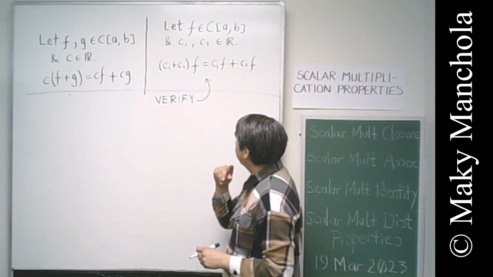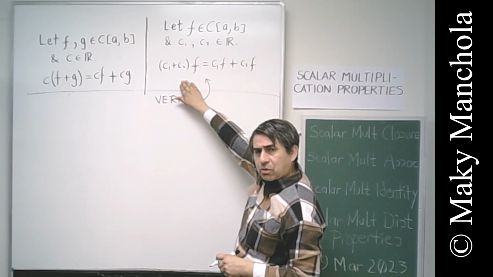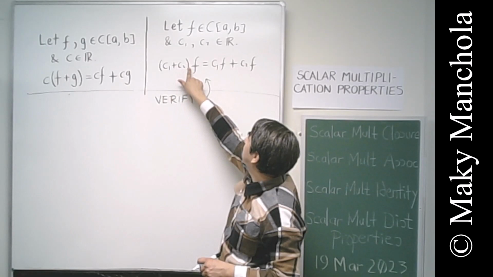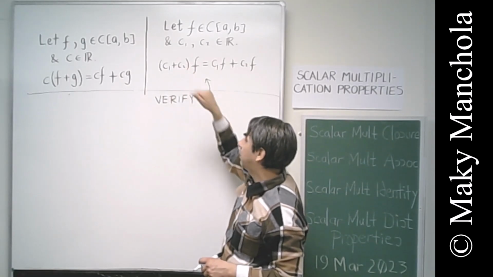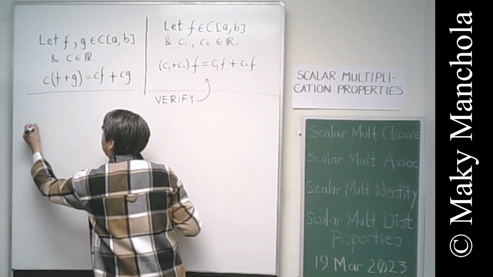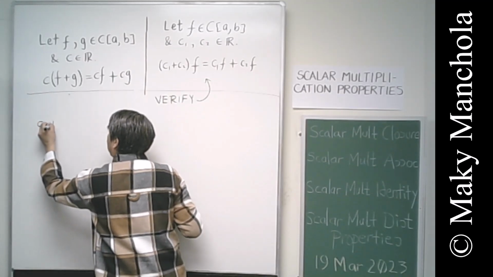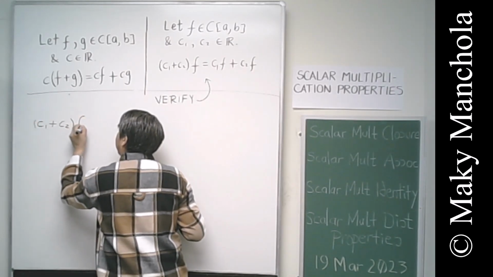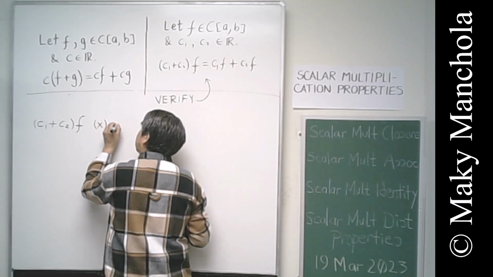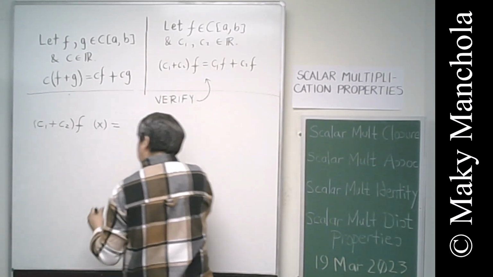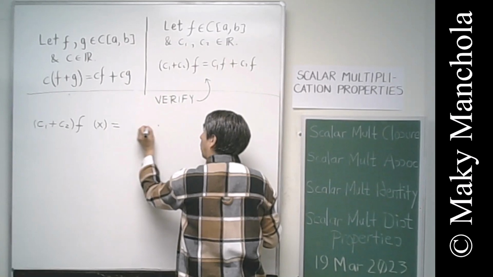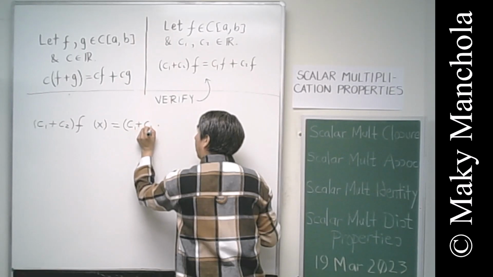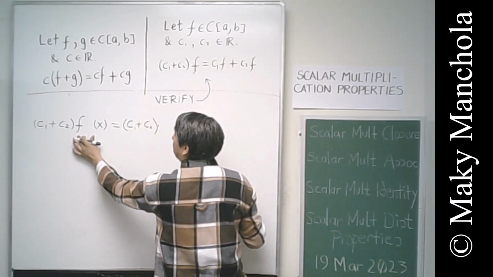So we begin with the left hand side. So what is the meaning of the scalar multiplication of c1 plus c2 and f? Well, it means that (c1 plus c2)f evaluated at x is simply the product of the constant c1 plus c2 and the constant f evaluated at x.